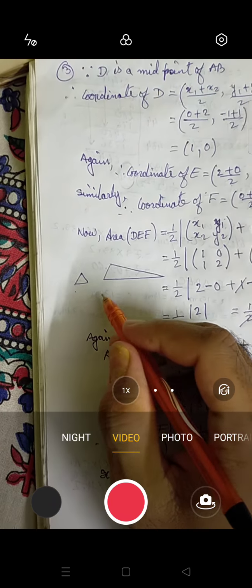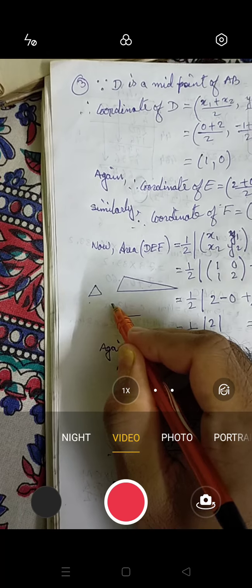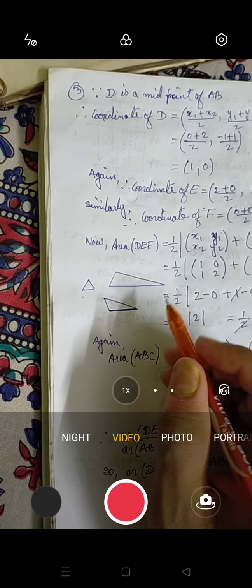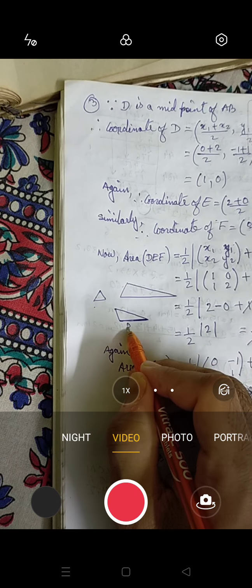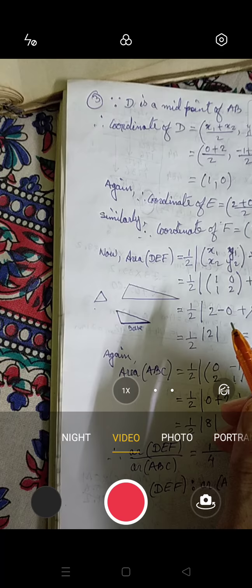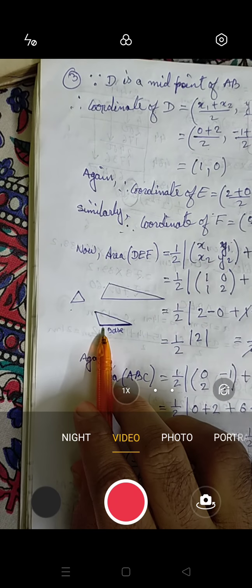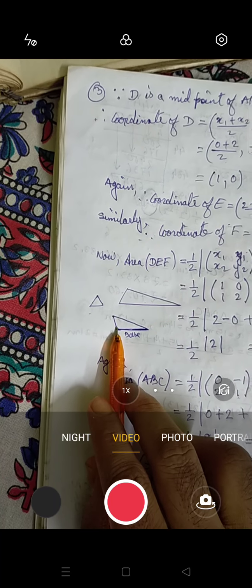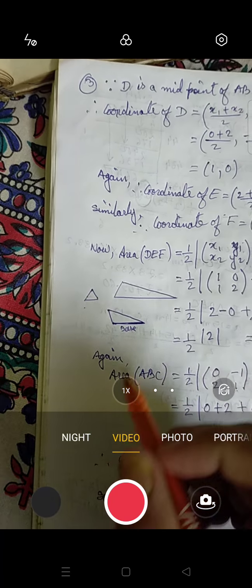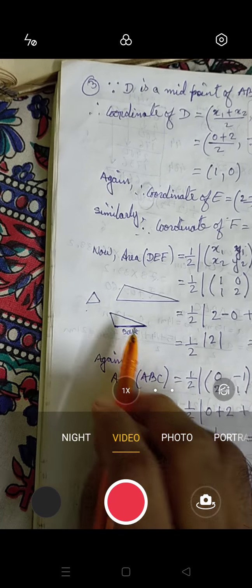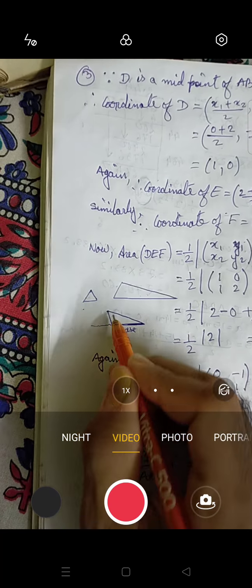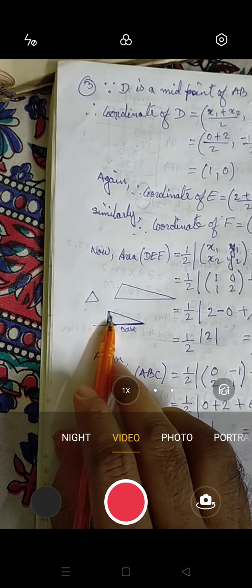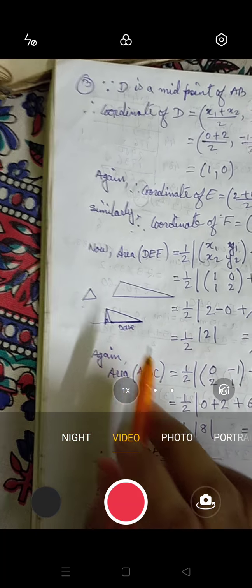It is not necessary that the height of any triangle is inside the triangle. For example, if I take this triangle and call this the base, the height is always at 90 degrees to the base. But this is not 90 degrees, so this is not the height. So if we are assuming that this is the base, then we have to extend this line and this will be your perpendicular. Now this was the base, right? So I am taking a perpendicular over the base. Is it clear?